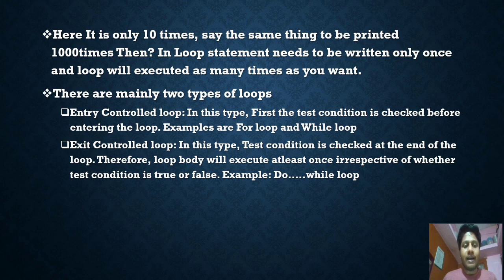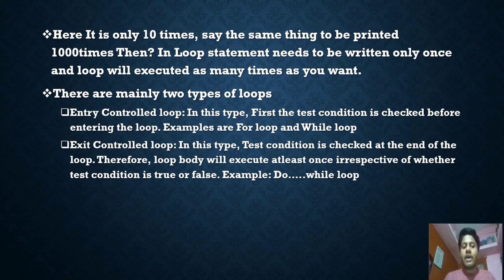One is the entry controlled loop and the other is the exit controlled loop. Entry controlled loop means first the condition will be checked, then the looping part will be executed. There will be a condition, and based on that condition it will enter the loop.